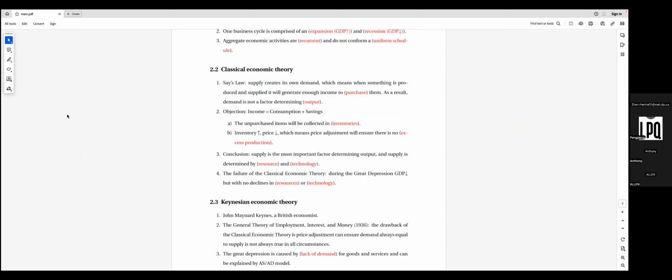One thing you need to write down here is that classical theory is good at explaining the long run, because we are considering a lifelong time period. It's good at explaining long-run economic growth.